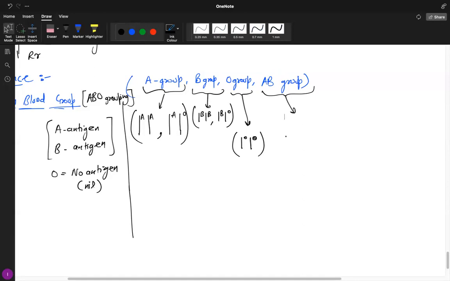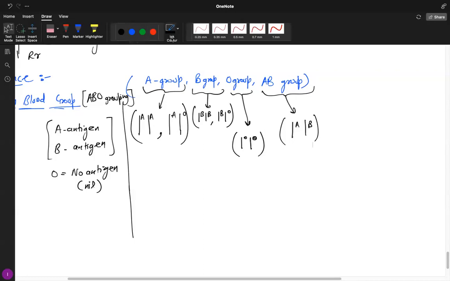It has IA and IB. When one parent gives you the allele for A antigen, and the other parent gives you the allele for B antigen, this is the only condition when you can be AB. Positive or negative, we'll talk about later, but AB blood group.